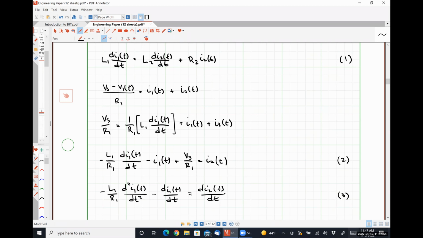And we can easily see now that we can substitute 2 and 3 into equation 1. And then several algebraic steps later, we would have our second order differential equation. We could actually do stuff like apply nodal and mesh analysis to these too, because all we've done in this particular problem is KCL and KVL.